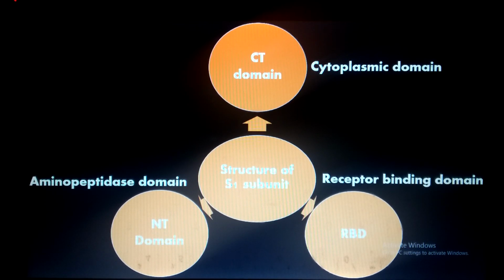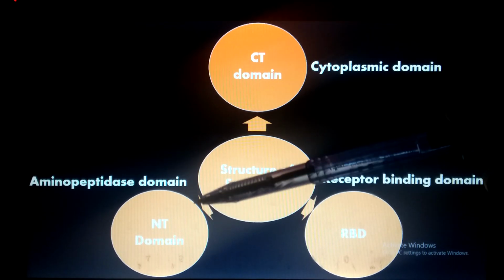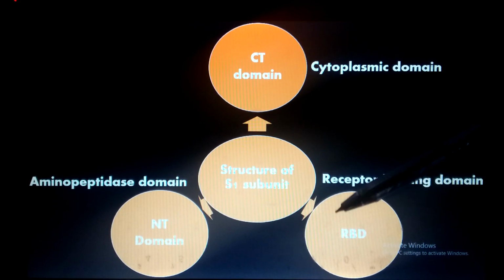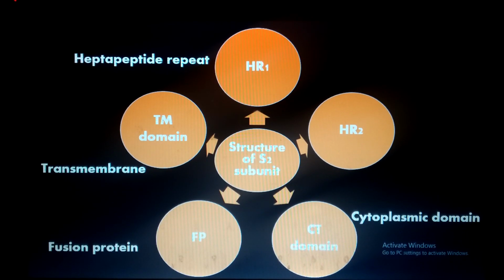In the lecture, I will just use RBD, CT, and NT. So, RBD is the receptor binding domain, CT the cytoplasmic domain, and NT is the aminopeptide domain. All these domains play a very important role in fusion and attachment of the coronavirus to the host cell. Is it clear?